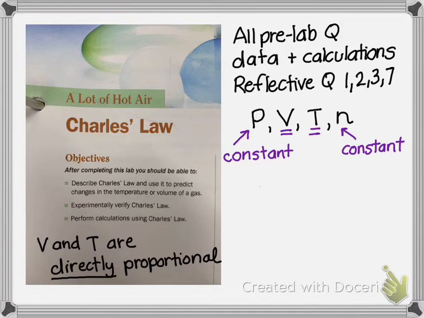And when something's directly proportional, it means that those variables change in the same way. So if one of them increases, the other would increase. So that's the same, both increasing. Or if one of them decreases, then the other would decrease. So again, that's the same, both decreasing. So directly proportional means they'll change, increase or decrease, in the same way.